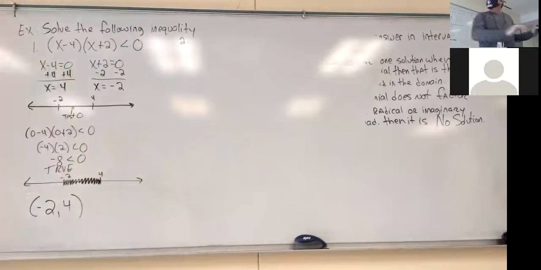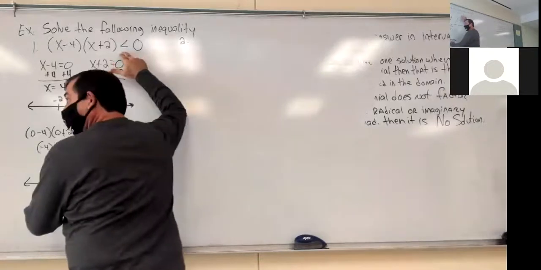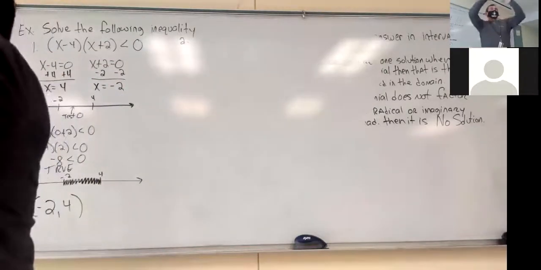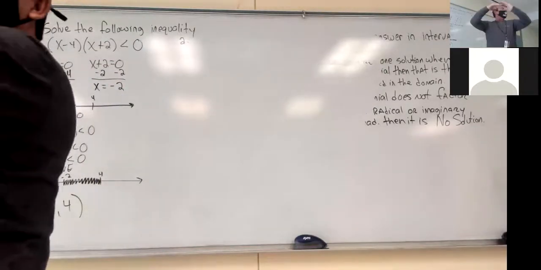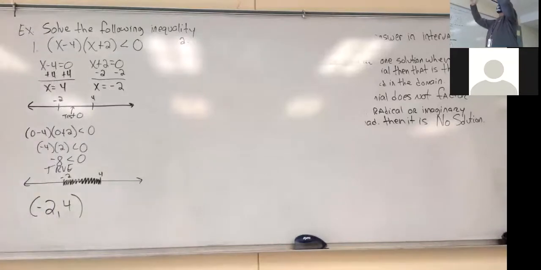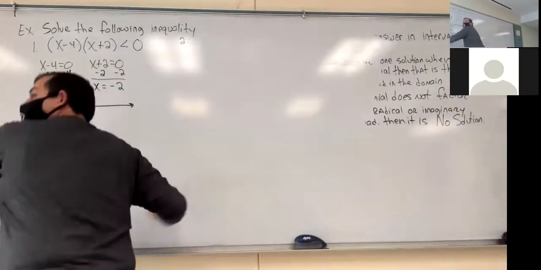And I wanted y'all to notice on that graph, since this is less than 0, if you look on the graph, in between that negative 2 and that 4, it is below the x-axis, because that's the part that is less than 0. And if you notice, the two ends are above the axis, so those are the numbers coming out this way on your graph, okay?